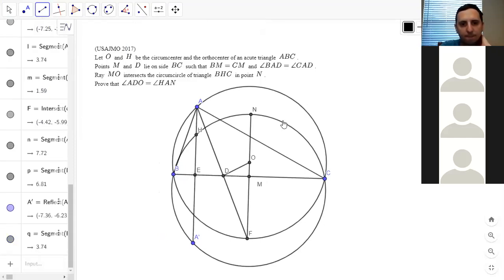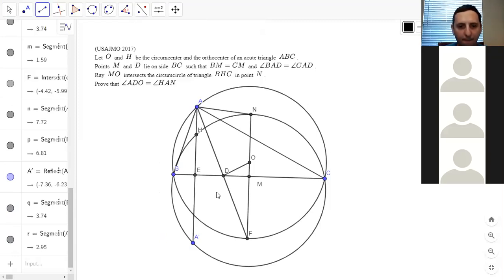By using the root BC inversion, we will have angle ADO is equal to angle A prime AF. Does D go to A prime and O go to F under the inversion?